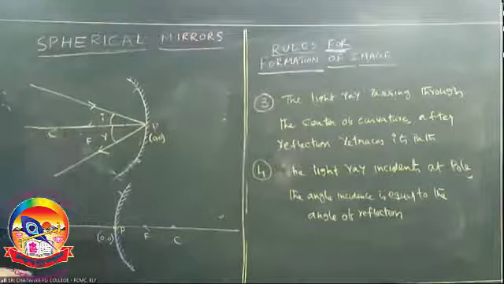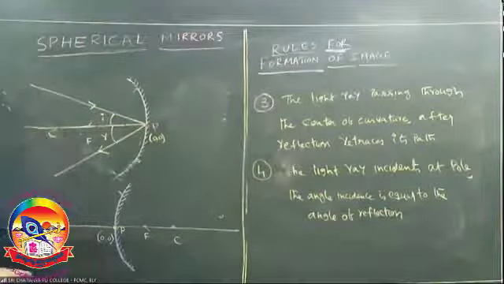Then take the incident ray, a paraxial ray, parallel to the principal axis. Now go to the first rule for image formation, already discussed. Whenever the light ray is incident on the mirror parallel to the principal axis, after reflection it passes through the principal focus.